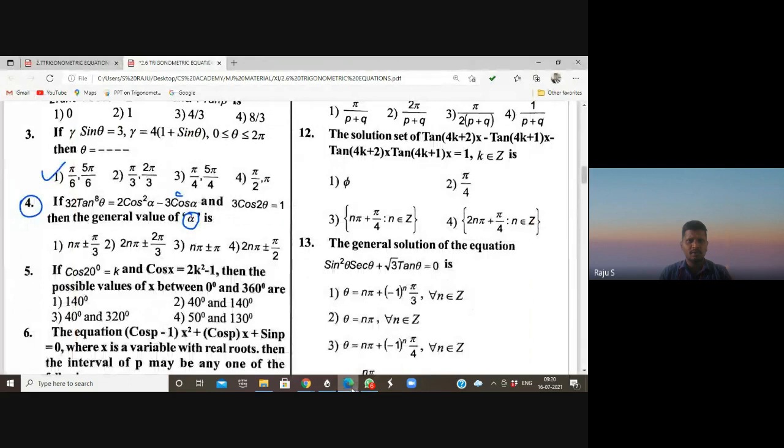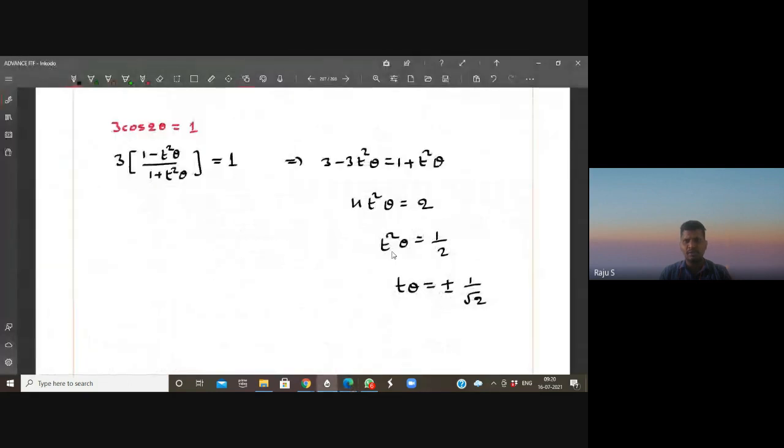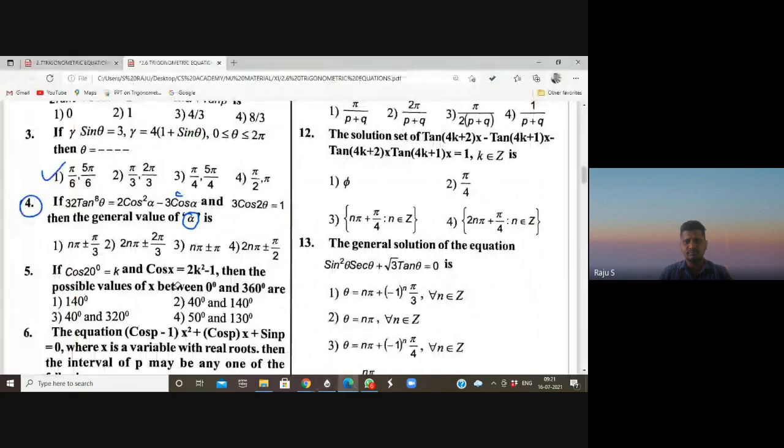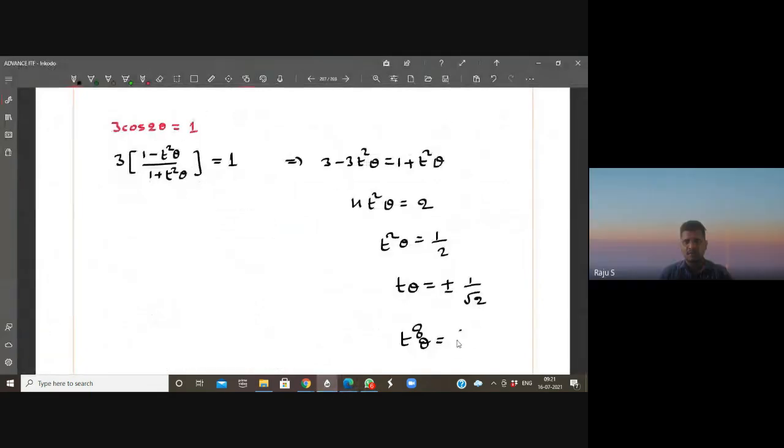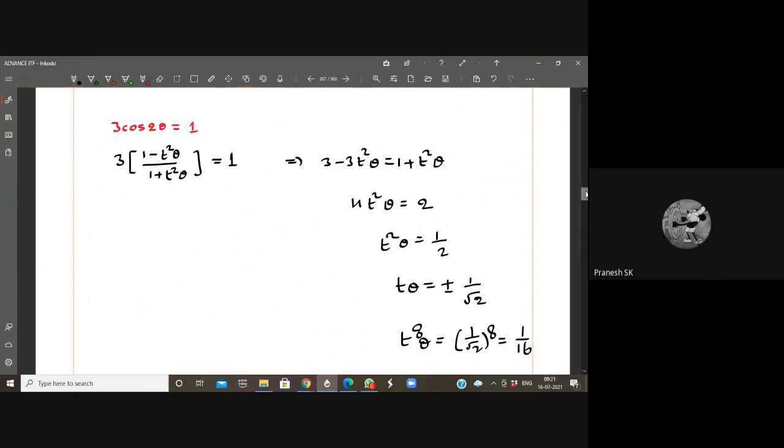Okay, why don't we write tan square theta alone? Because tan square theta is 1 by 2. With the help of that, what is tan power 8 theta? It is 1 by 2 the whole power 4, that is 1 by 16. Or 1 by root 2 whole power 8, that is also 1 by 16, because tan power 8 is positive only.